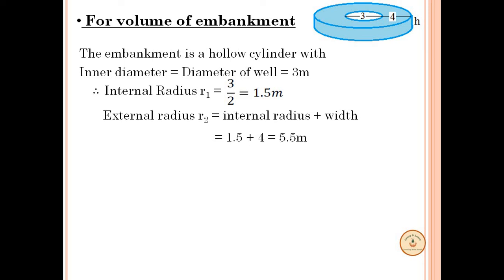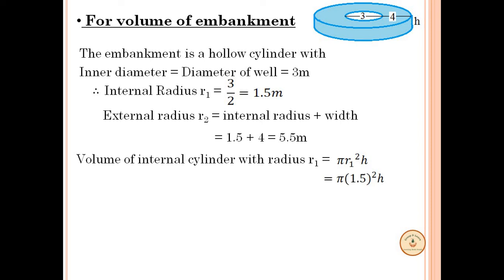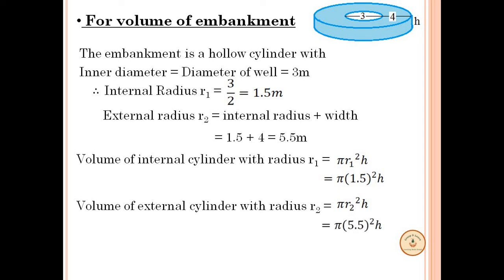So volume of internal cylinder with radius r1 becomes pi r1 square h, giving us pi into 1.5 square into h, and volume of external cylinder with radius r2, that is 5.5 meters, becomes pi into 5.5 square into h. When we subtract the volume of the inner cylinder from the outer cylinder, we obtain the volume of embankment.